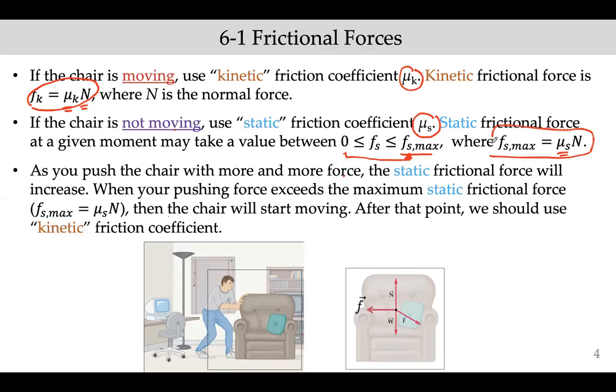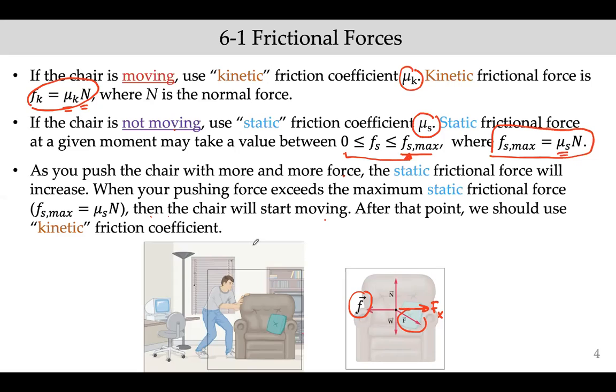What is the applied force? It's this force, well, it's actually the x component in this case. So if that Fx exceeds the static friction force, what happens? Then the chair will start moving.